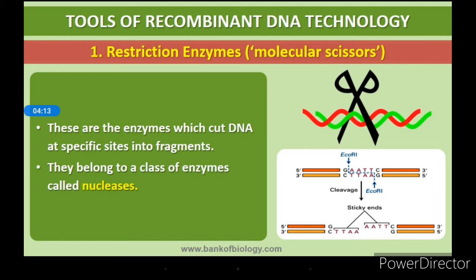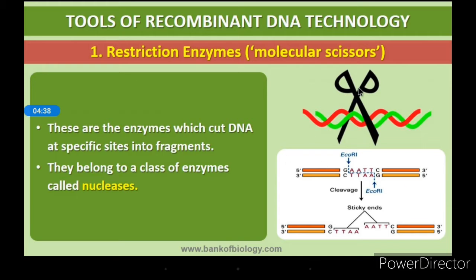We already gave the definition of it. So these are the enzymes which cut the DNA at specific sites into fragments, and they belong to a class of nucleases. Nucleases means ase, that is the enzyme, and nuclei, that is from the nucleic acid.